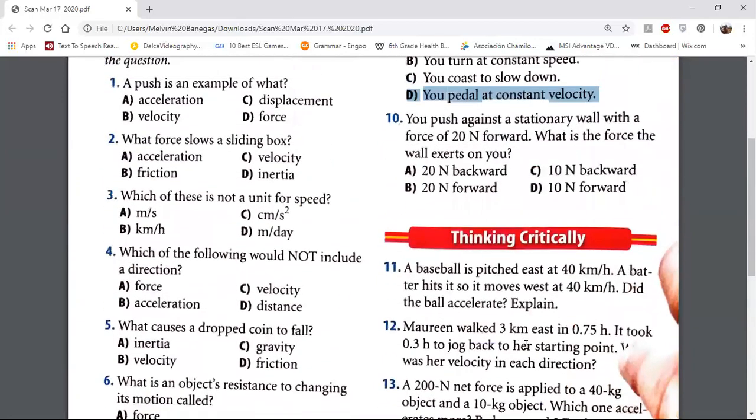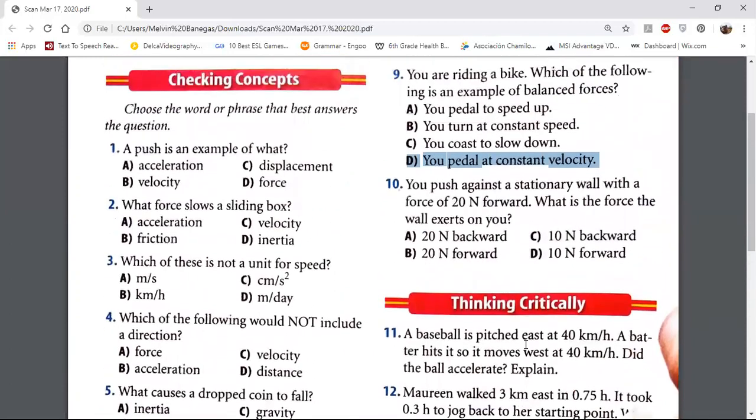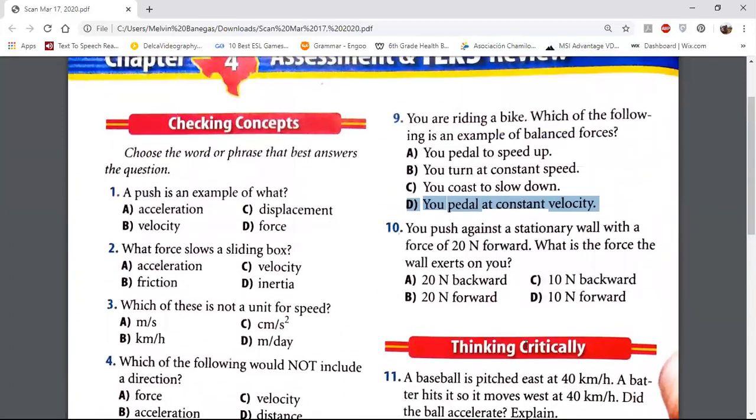Okay, what's going to be your assignment, guys, for Friday? Because we're going to meet to check some other things on Friday for science class. You are going to read the whole chapter 5, which is about energy, from pages 132 to page 151.